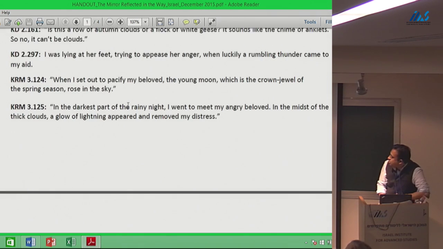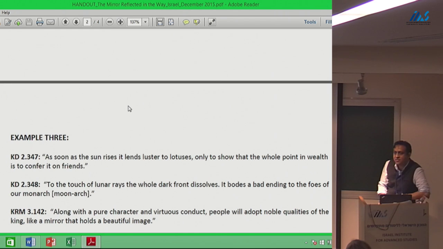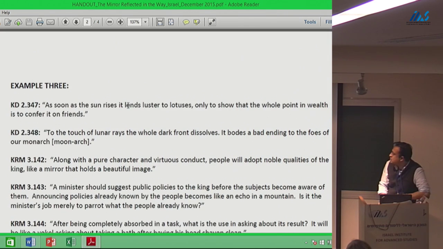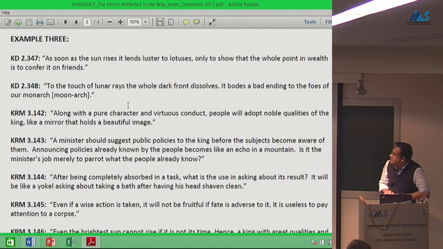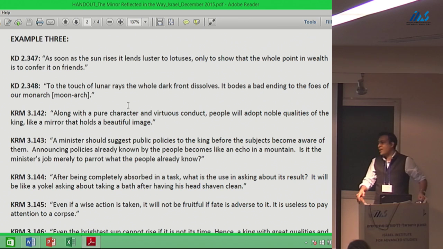So the third example, of the third kind of translational activity which you see between these two works, is the Alankara of Nidarshana. Now I think this is probably closer to Sarah's point here, that the Kavyadarsa gives only two examples of Nidarshana. Right? As soon as the sun rises, it lends luster to lotuses, only to show that the whole point in wealth is to confer it onto friends.